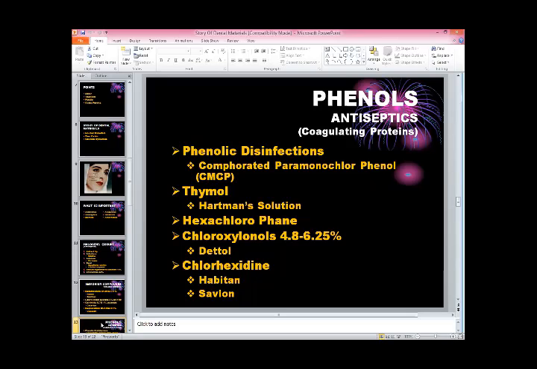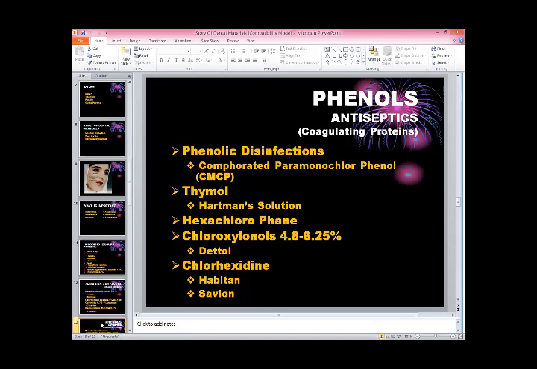CMCP is an ideal disinfectant which we are using abundantly in dentistry, in endodontic therapy especially, or in all those areas where we feel that there is bleeding or proteinous material or pus. So this is a very effective antiseptic group which we are using in dentistry.